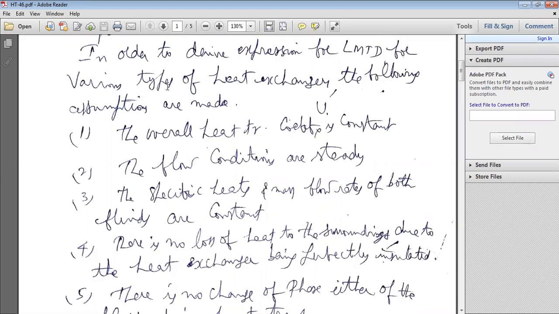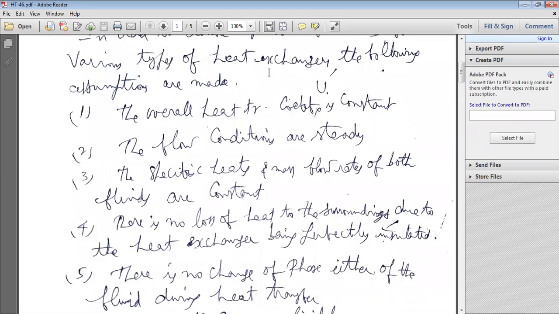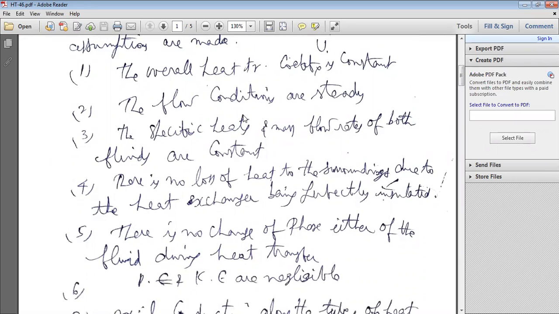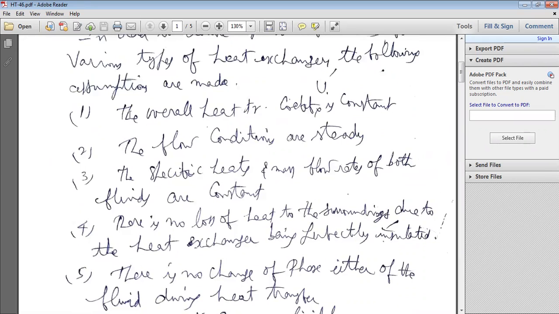You have to assume some parameters. So what are those assumptions? These are also important. You have to write all these assumptions while deriving the LMTD of parallel flow heat exchanger or counter flow heat exchanger or cross flow heat exchanger. So you have to follow some assumptions.